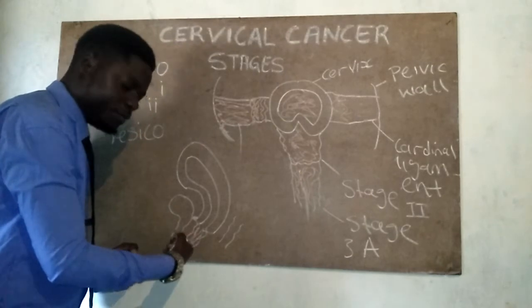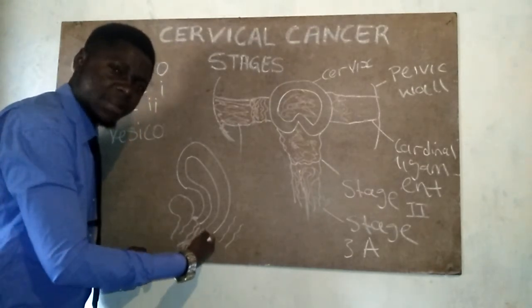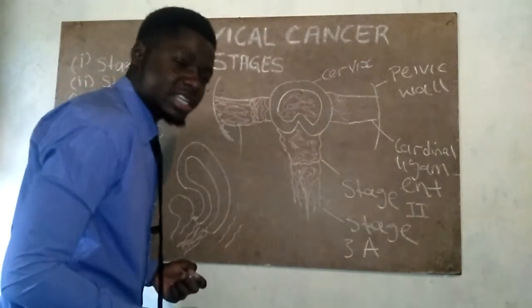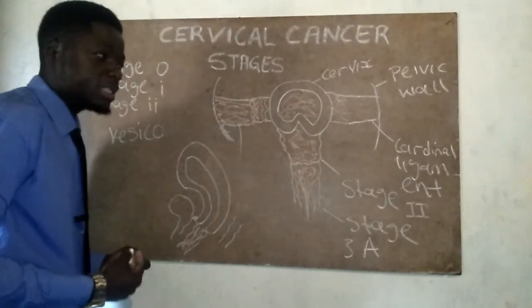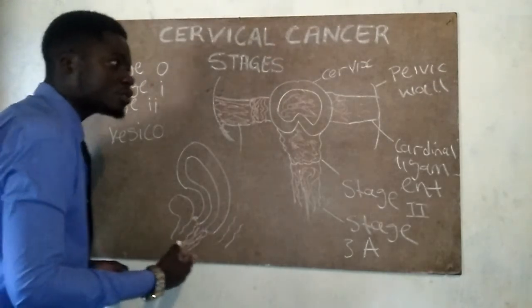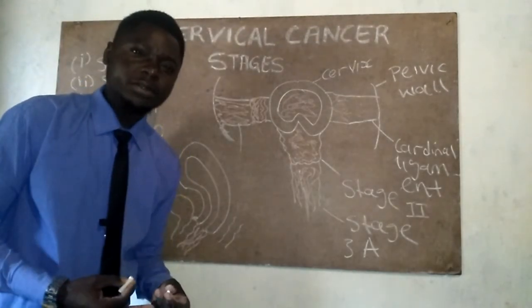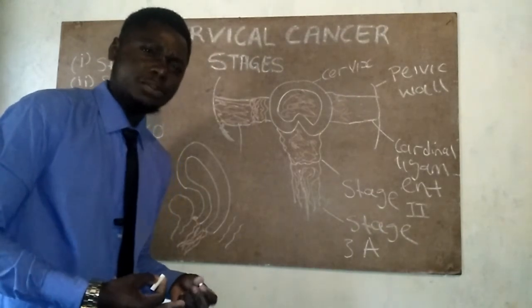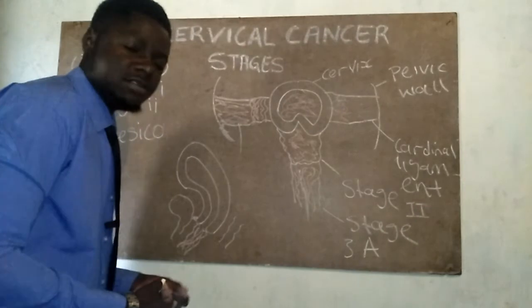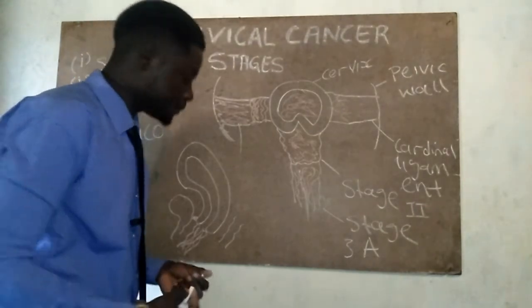It's going to involve the bladder, the rectum, all those things are going to be involved. But when it's stage 4B, it is not only going to affect these pelvic organs, it's also going to affect other organs. For example, the lungs, the breast, and other tissues of the body are going to be affected. Even the intestines can be affected.